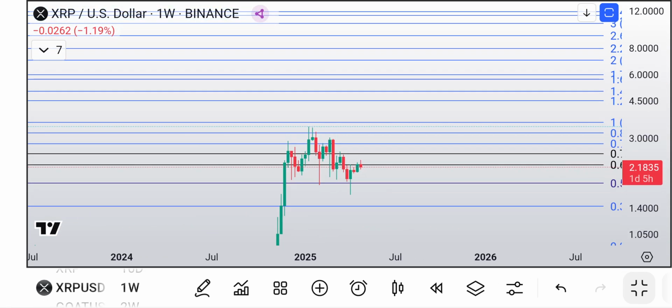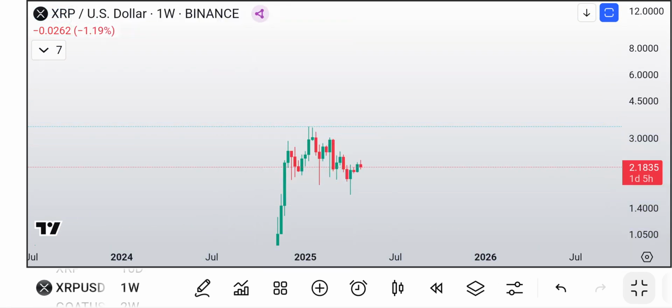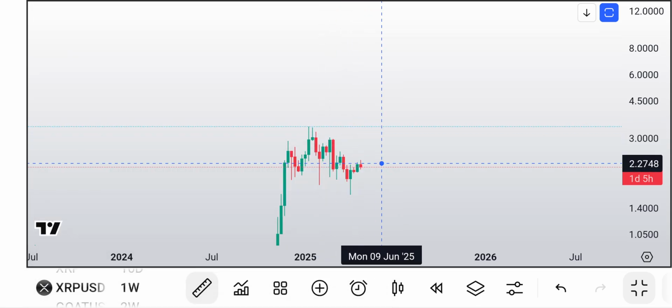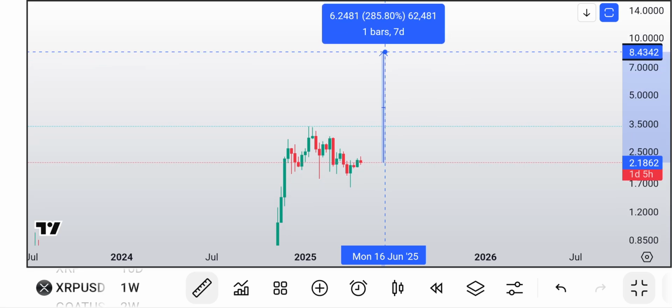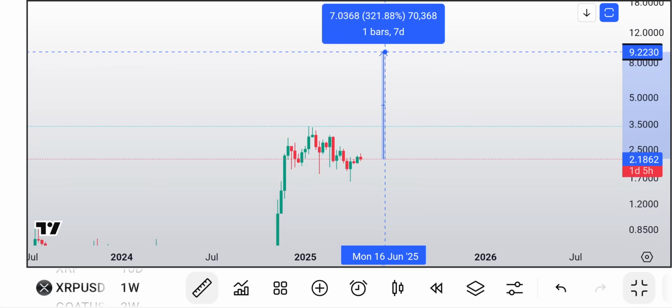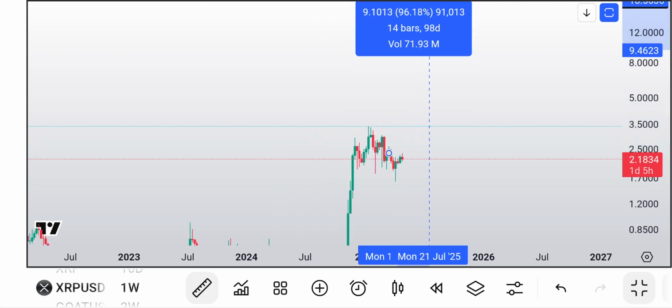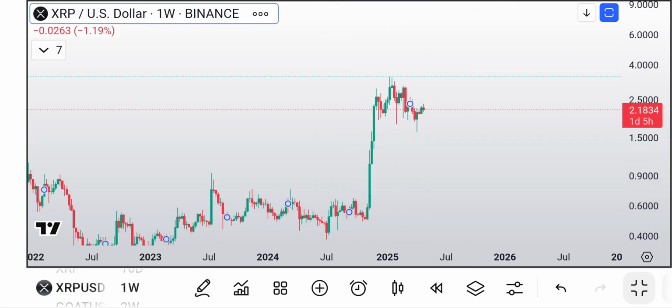So if I go up 300% on the price, it was a 320, I think. So if I go up 320, there you go. That gives us about $9.30, $9.24, essentially like $10. So not bad at all.